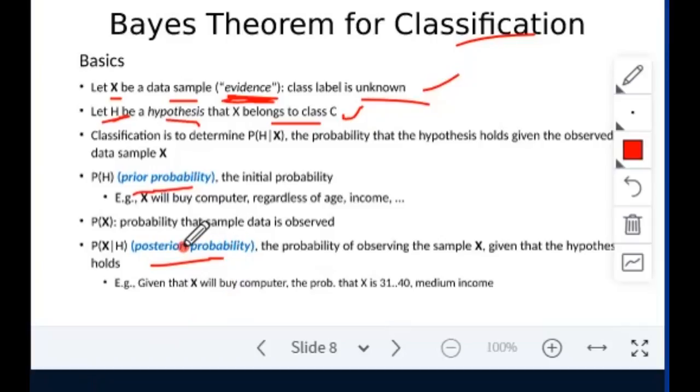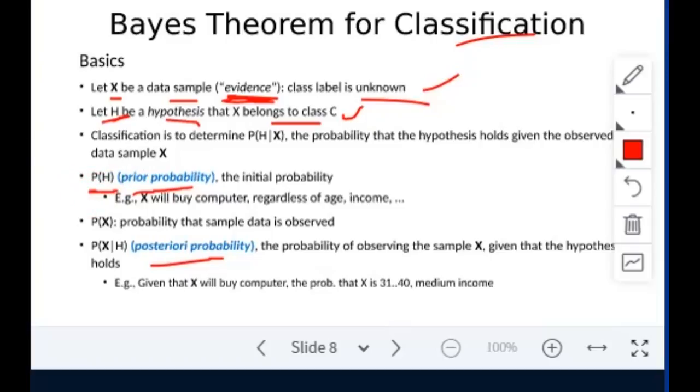Next, we have two types of probability here: prior probability and posterior probability. Prior probability we call an initial probability. Prior means initial. So prior probability is always represented as P of H. What is H?